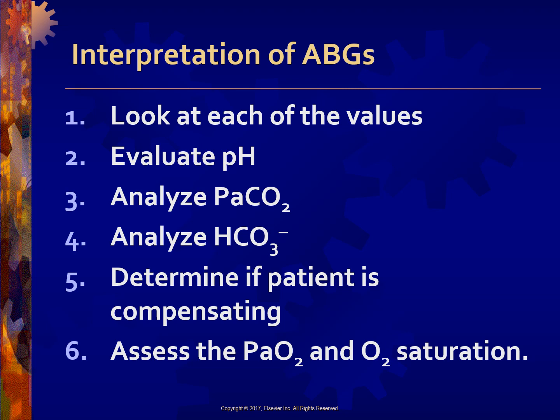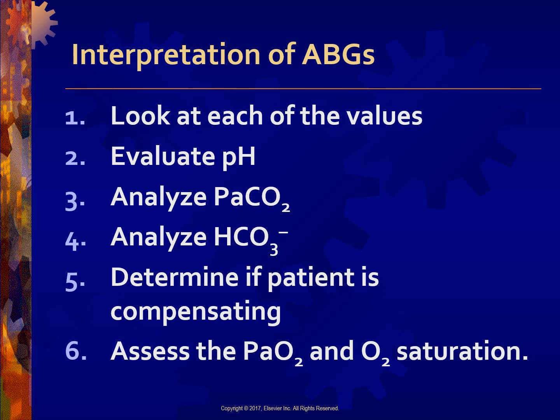To interpret the results of an ABG, perform the following steps. Look at each of the values. If the pH is between 7.35 and 7.45, and the CO2 and the bicarbonate and PaO2 oxygen level are all within normal, the ABGs are normal. If any value is out of normal, then you need to continue.